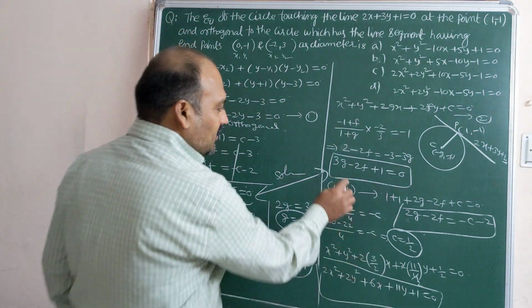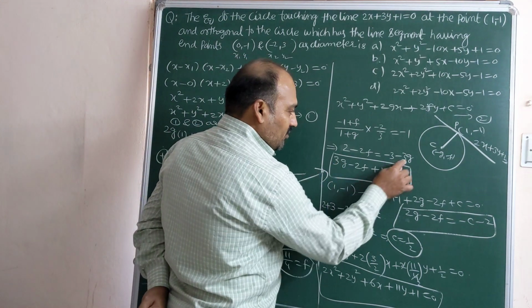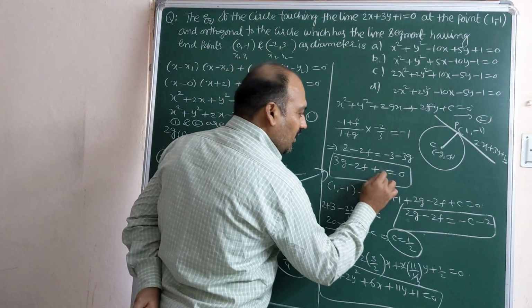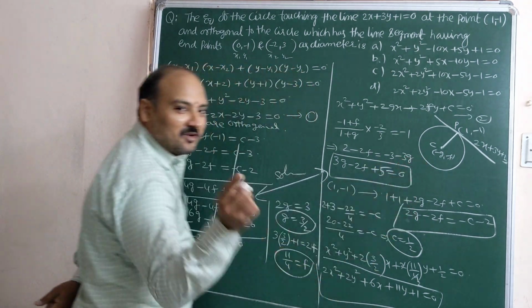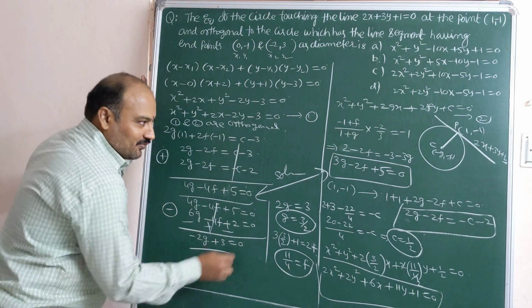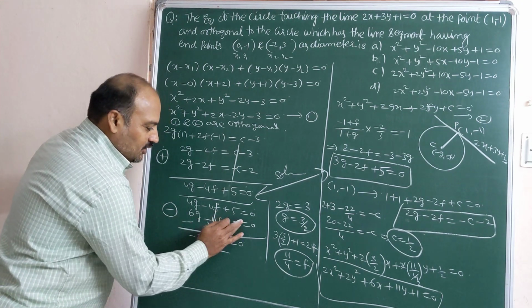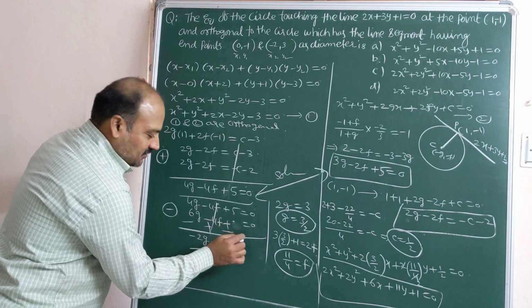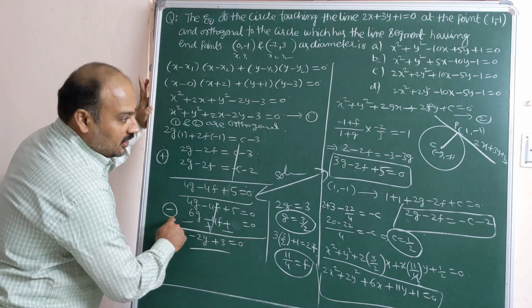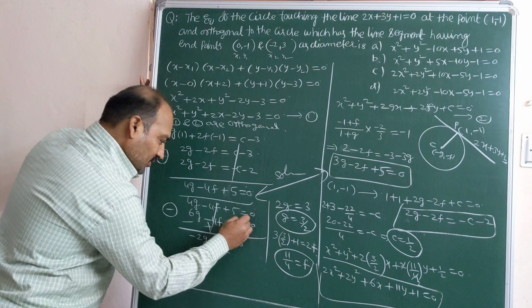Yeah, dear students, here once observe carefully. Minus 3g we are taking this side, minus 2f, but here it will become 5 now. I forgot. Here it will become 5. So whenever it is 5, this equation multiplying by 2, multiplying by 2 means 10 will come here, dear students.